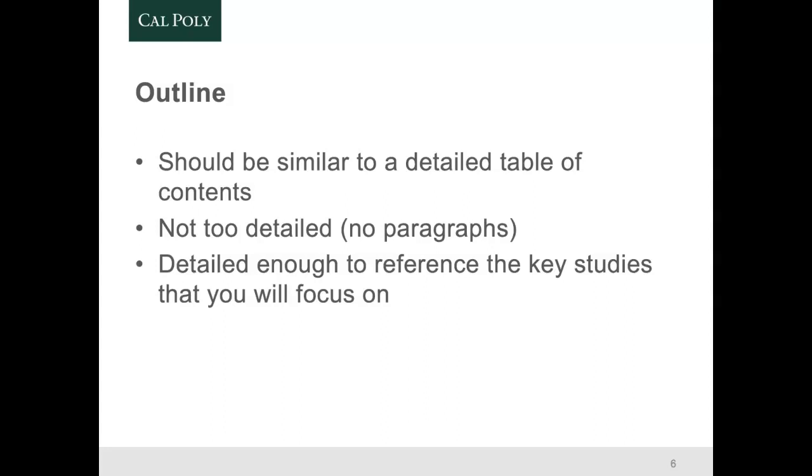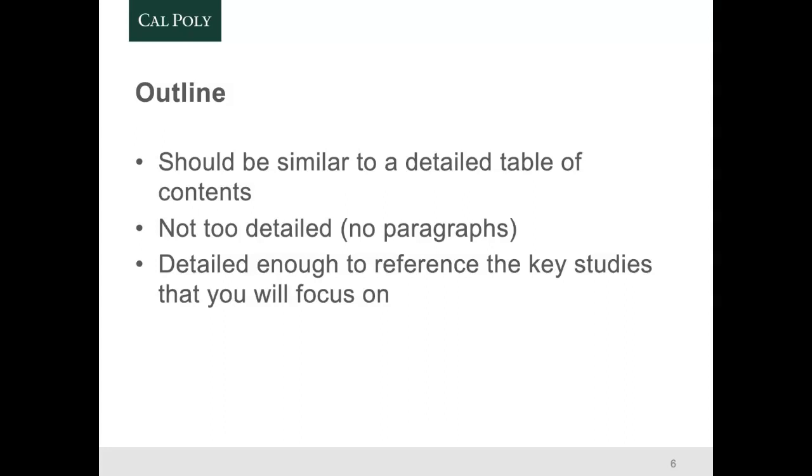You're just outlining what your paper is going to look like, the main points you're going to include, and where those studies are going to go. So it can be bullet points, but I do want you to include the references for the 10 papers you've selected. They need to be included in your outline, along with the key point from that paper that you're going to make.